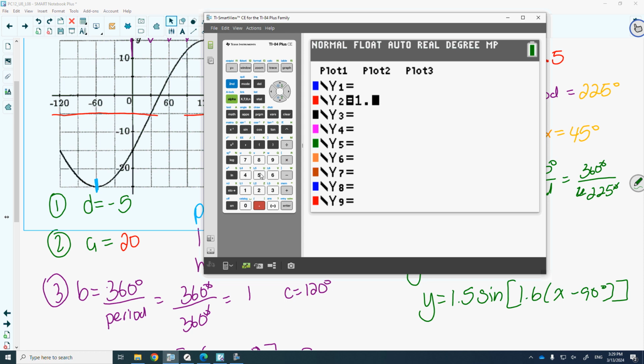So 1.5 sine, my B value is 1.6, x minus 90, because remember your B value always has to be factored out, close two brackets, plus 0 I don't need.